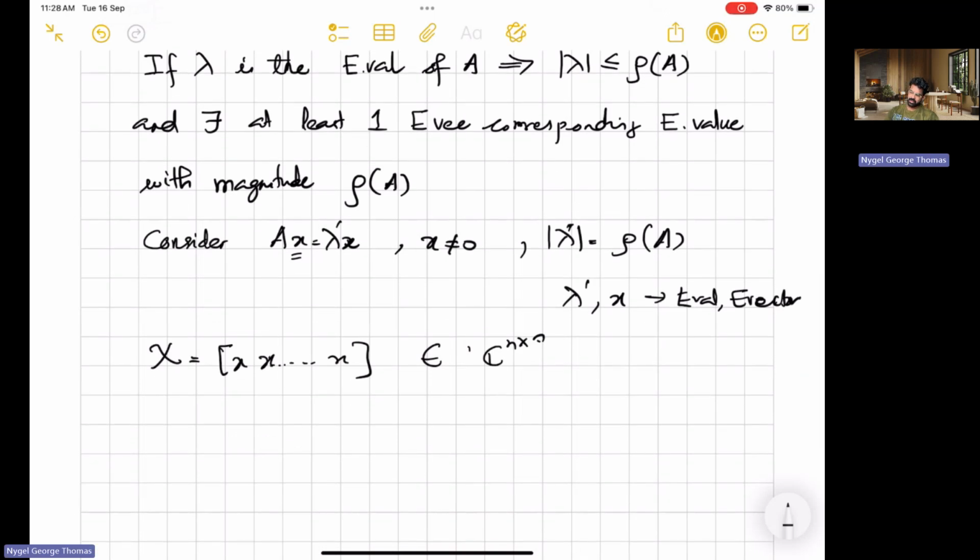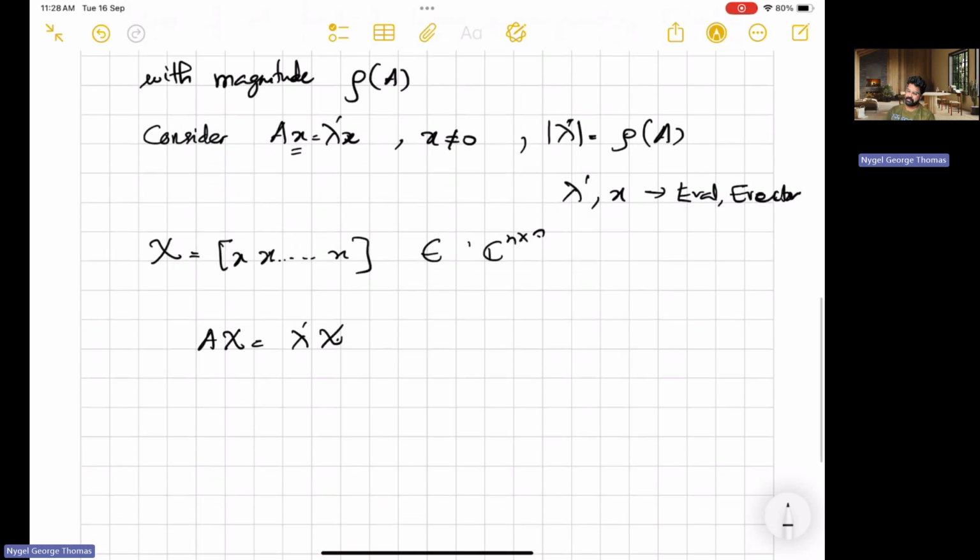And we know A times x is equal to lambda times x, because x is an eigenvector. So every time you multiply A with one of these columns, the result is lambda x. In fact, it's lambda dash x in this case.